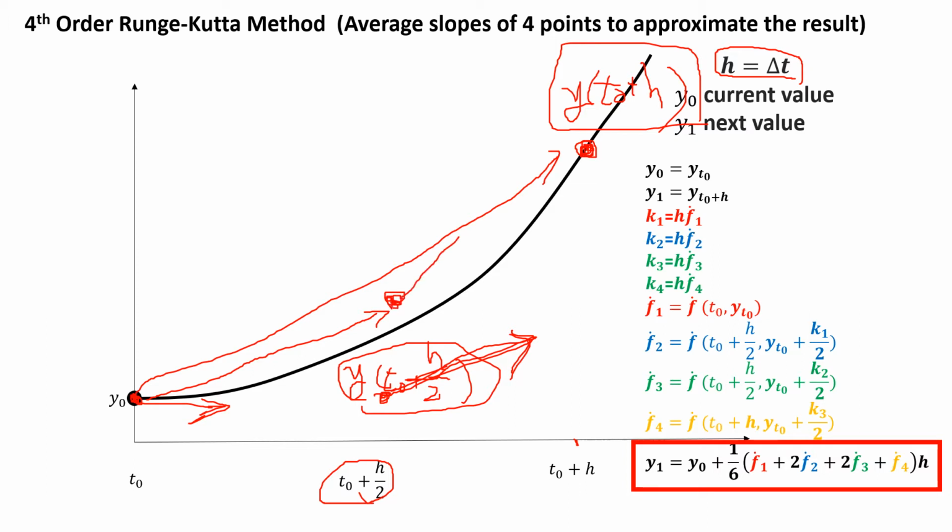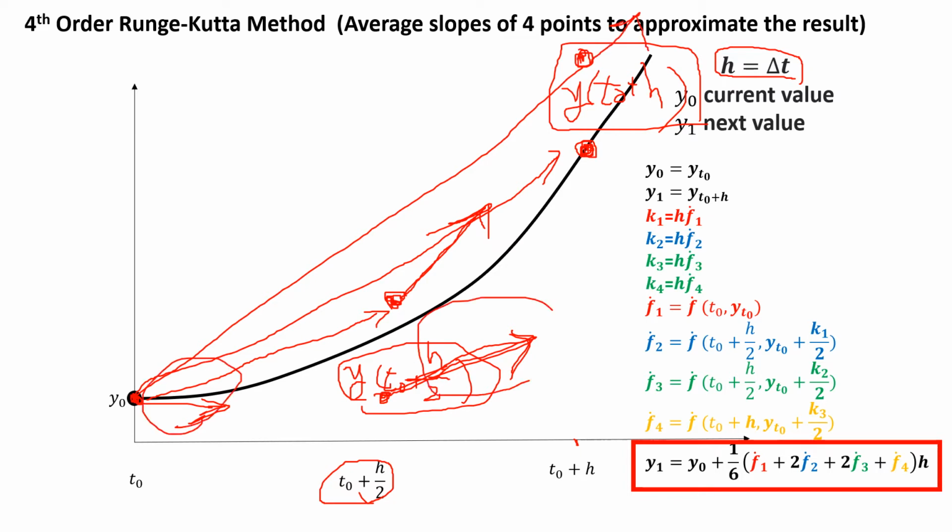Then I will get the other slope here. So I will use this slope to estimate y at t0 plus h. So we will get a certain point here, and we will get the other slope. So we try to average this one, this one, this one, and this one. Get the average slope.